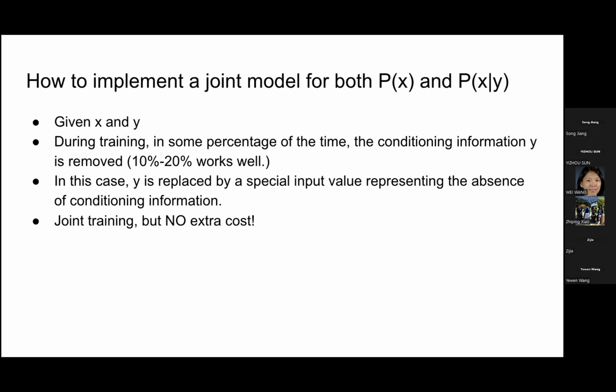For the standard model, this model has two inputs, the X image and the label Y. In the normal case, we just have these two inputs and Y is the label. But sometimes we replace this Y with some specific token, for example, like the CLS token in natural language.